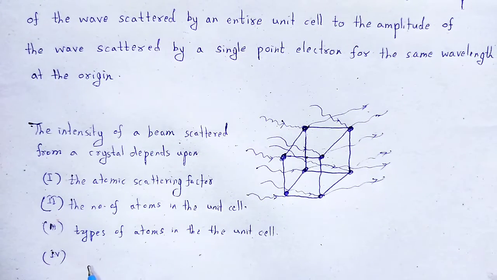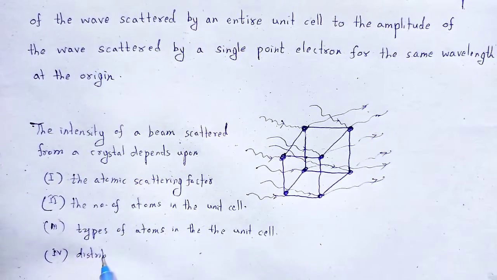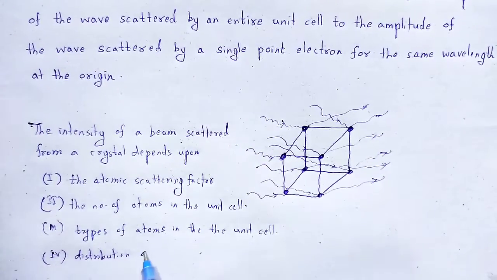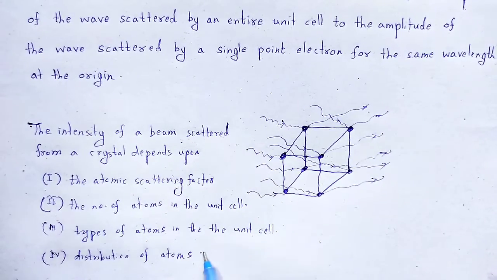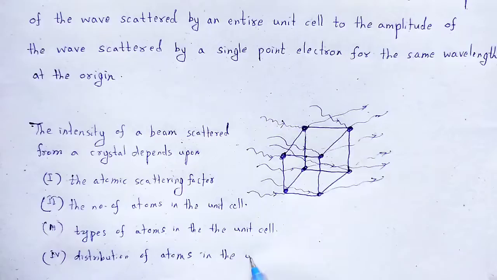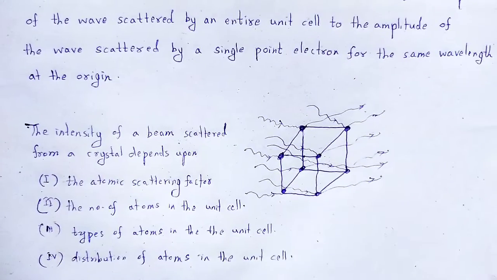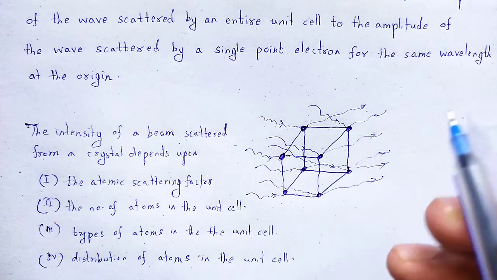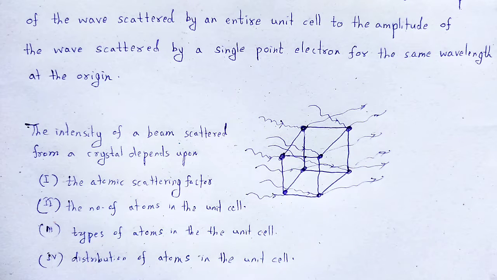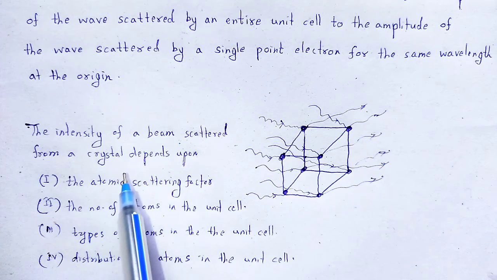And again, the distribution of atoms in the unit cell. What number of atoms and how these atoms are distributed along the unit cell, that plays an important role for the intensity of a beam scattered from a crystal.